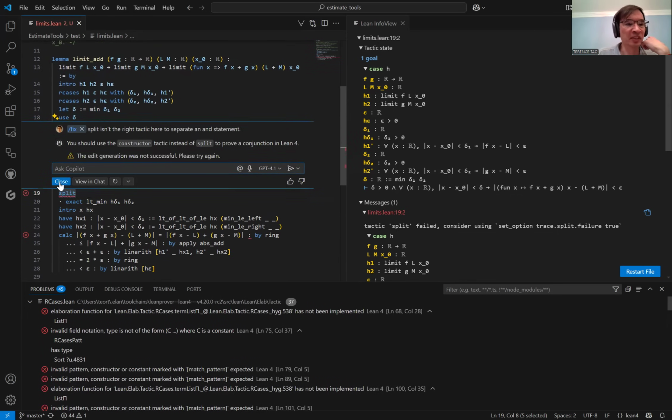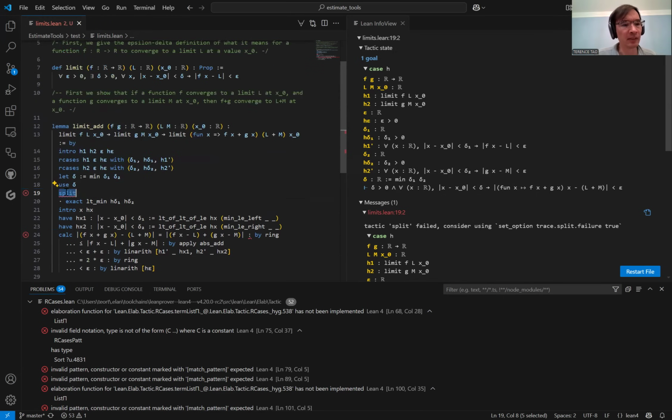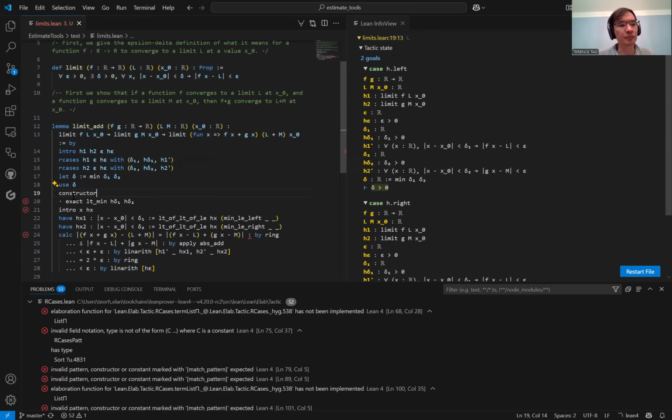Yeah, okay, it does know what constructor is. All right. No, but it didn't. Well, okay, I'll just do it manually. Okay, so now it did.